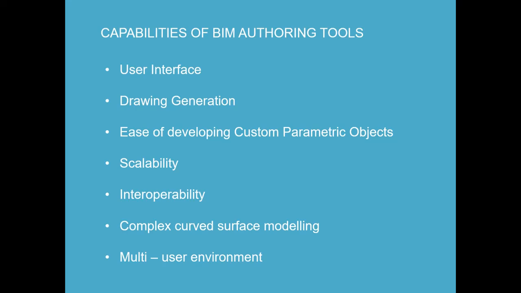But if we are creating something using this BIM authoring tool, there will be a certain intelligence. For example, length, breadth, height, area, volume, all these things can be determined. So there will be some data, some parameters given there. Okay, so parametric objects can be created easily using this BIM authoring tool.